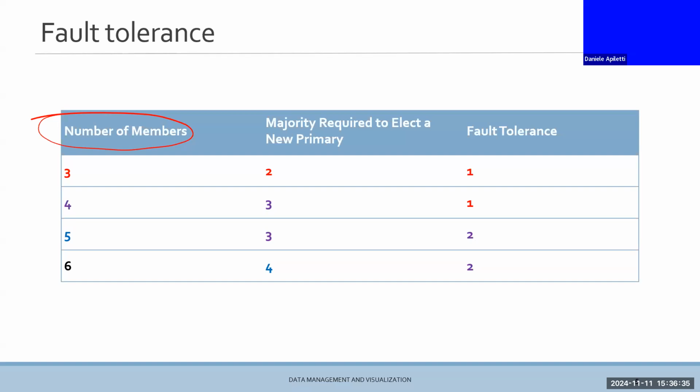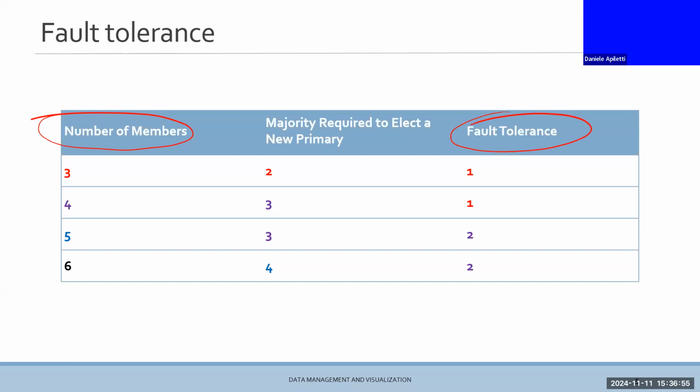The majority required to elect a new primary is, of course, half plus 1. Okay, so out of 3 it is 2, because it will be 1.5 plus the higher integer. And so those are the numbers you get, from the number of nodes, to elect a new primary. But the interesting stuff is the fault tolerance.